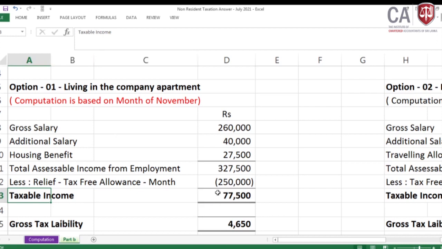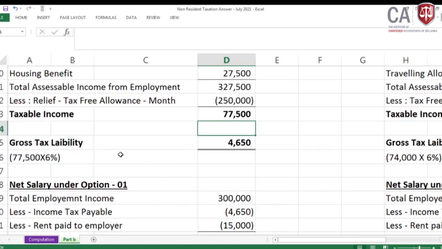Then we have the taxable income for Mr. Rohan for the month of November, 77,500. Then the gross tax liability is 4,650. For individuals, there are progressive tax rates. Tax slabs are there: first 3 million at the rate of 6%, next 3 million at the rate of 12%, balance at the rate of 18%.